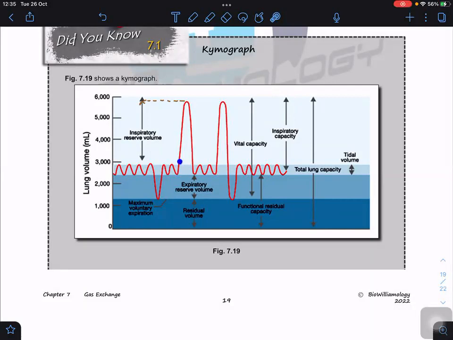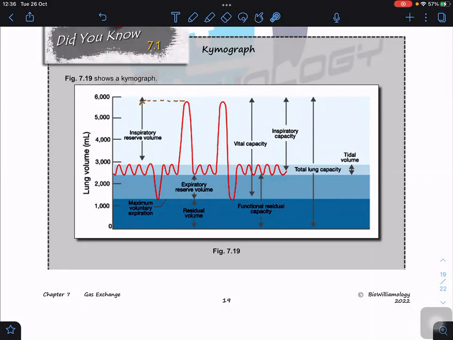We take in the air forcefully, so that's the inspiratory reserve volume. Or you can release the air, release until the maximum that we can release. This volume is called the expiratory reserve volume. So we have inspiratory and expiratory reserve volume.